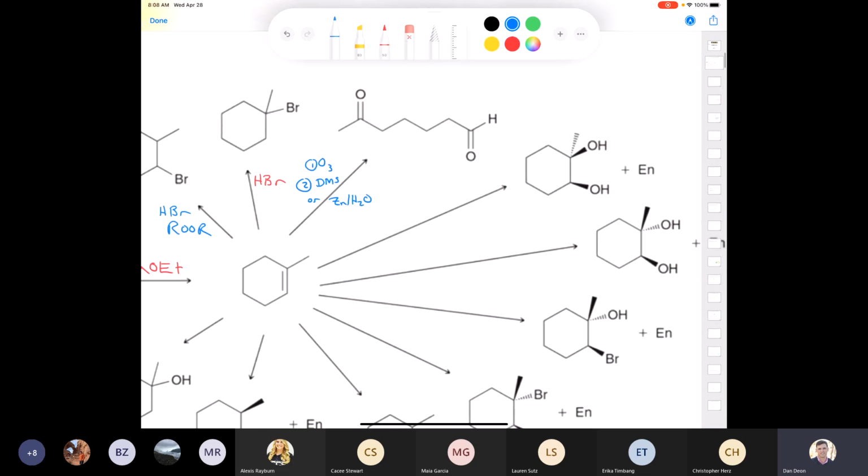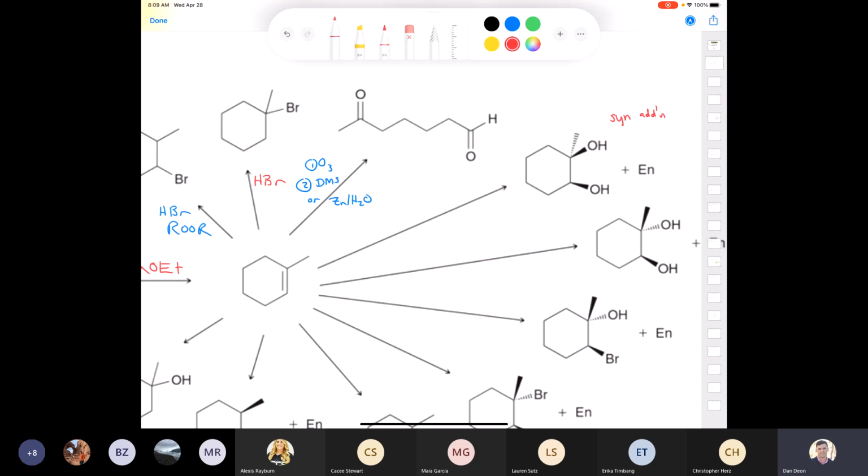The next one, again, continuing clockwise, we have a syn dihydroxylation, right? Both hydroxyls are ending up on the same face of the molecule, right? This is a syn addition of two hydroxyl groups. Well, how do we do that? Well, there's a few ways that we learned how to do that. Things like potassium permanganate, right, and cold sodium hydroxide.